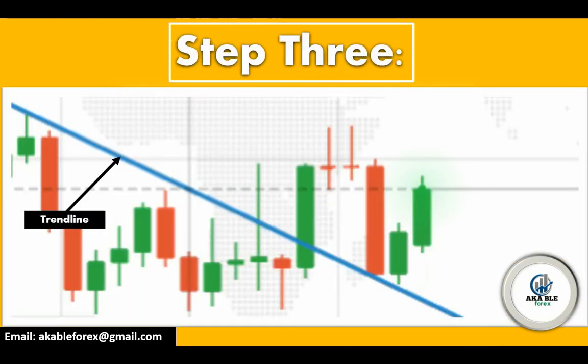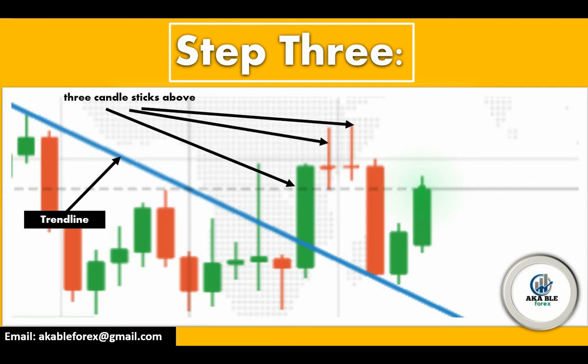Step 3, you need to identify a point of entry. The price must break below or above the trend line. After the break of the trend line, you must wait for 3 candles to close on the 15-minute before taking your entry.